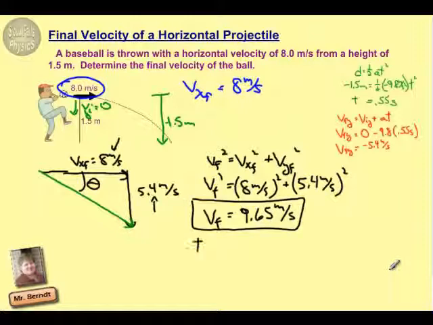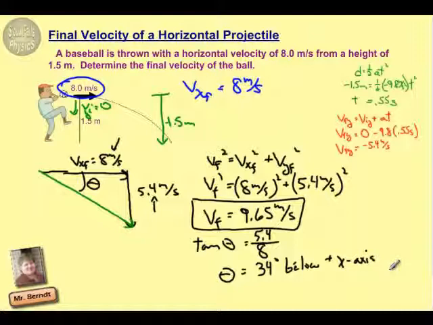The angle will simply be tangent theta equals my opposite, 5.4, divided by my adjacent, which is 8. When we solve for that angle, we're going to get 34 degrees below the positive x-axis.